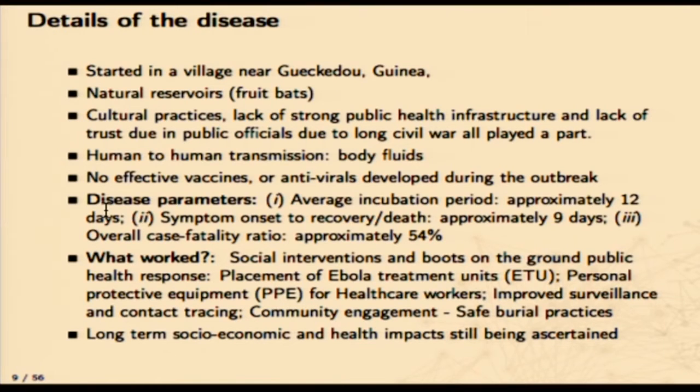In West African countries, it was common for people to touch a body before it was buried, and that contributed to the disease spread. And so one of the big steps in the reduction of the disease was to change the cultural practices. It took a long time because there was very little trust in public health agencies, and the public health infrastructure was severely damaged because of wars and all that.